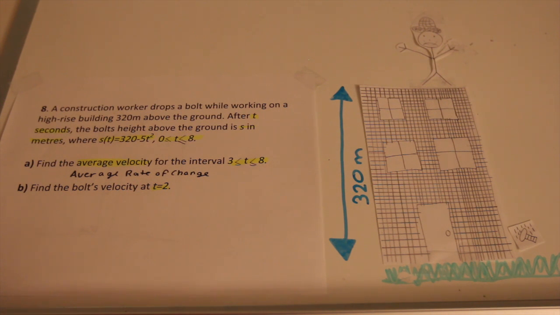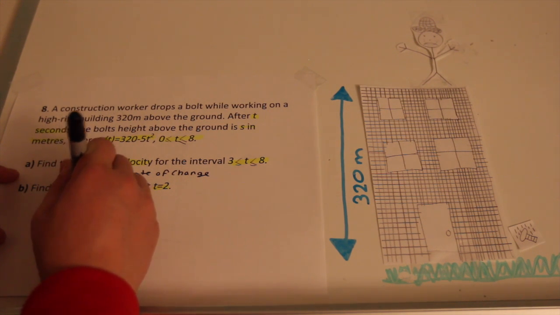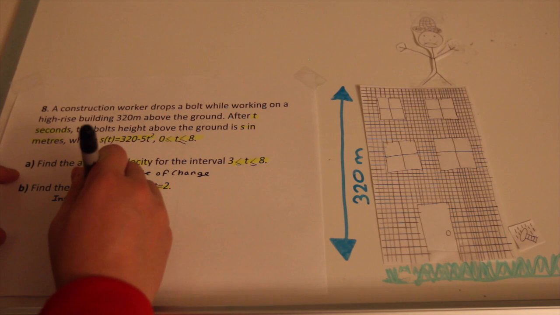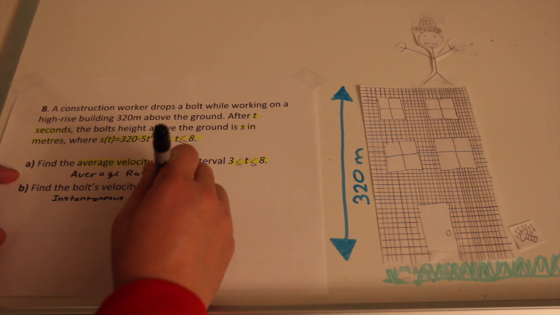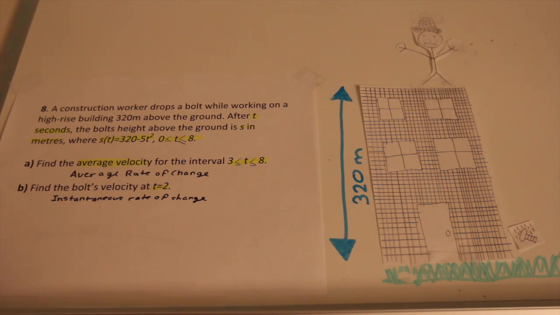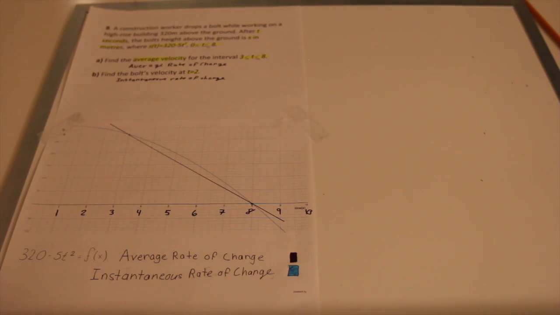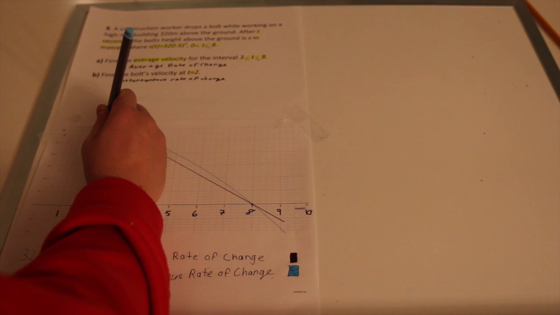This means that we have to find the instantaneous rate of change, which basically means we have to find the average velocity at this exact point right here.